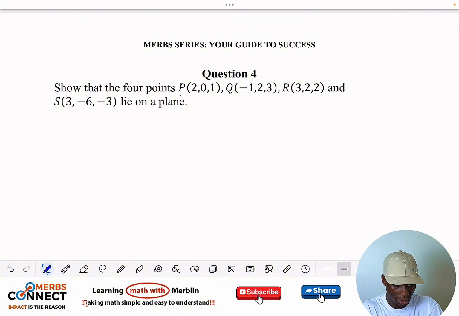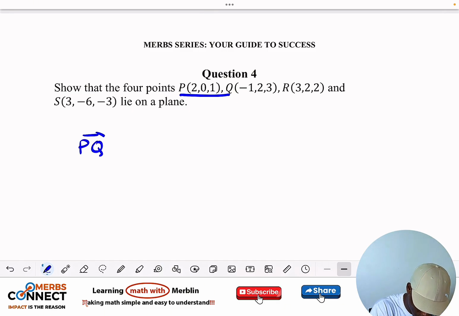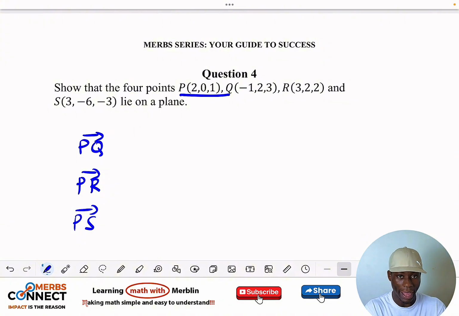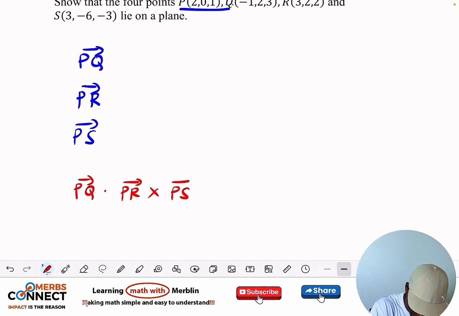So what we are going to do is, for these points to lie on the plane, we are going to pick our first point, which is P, and pair P with all the other points. So we are going to look for PQ, PR, and PS, right? And for us to show that this lies on the plane, we are going to look for vector PQ dot PR cross PS, which should be equal to 0, right?